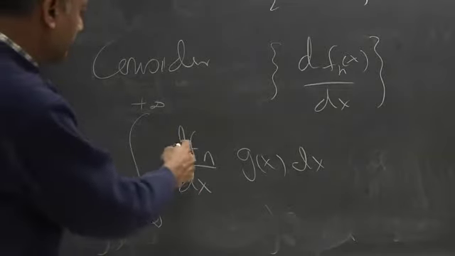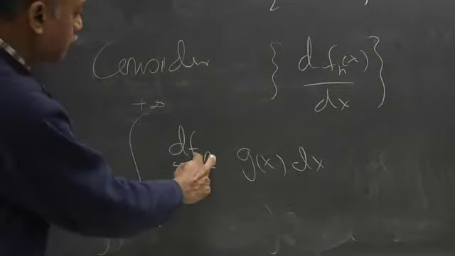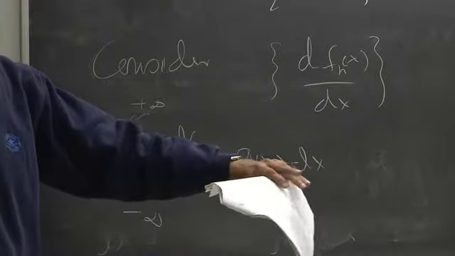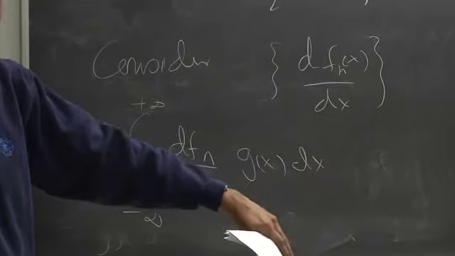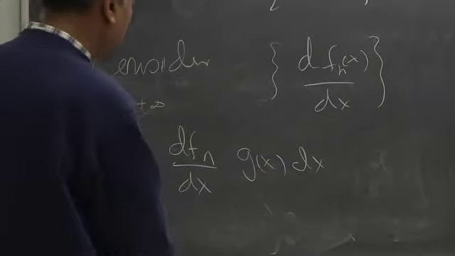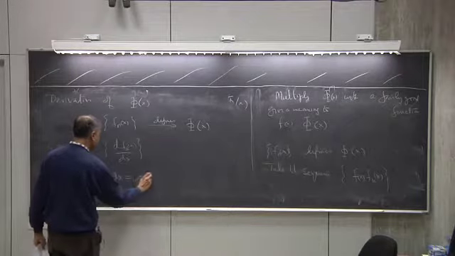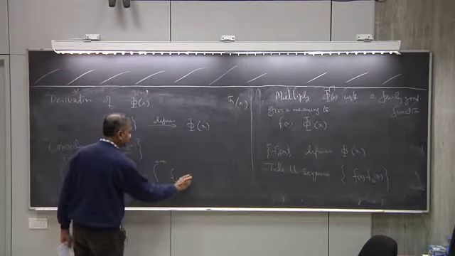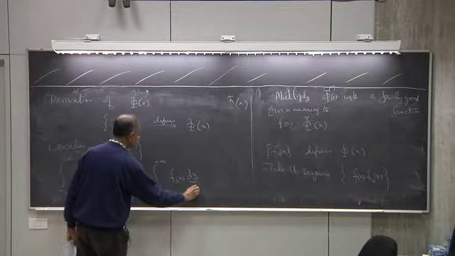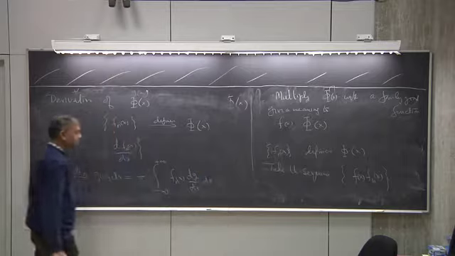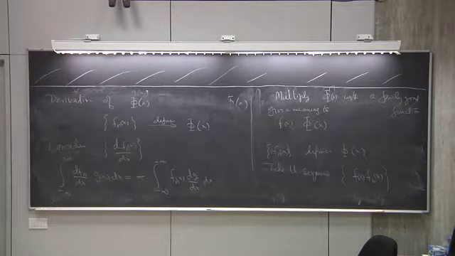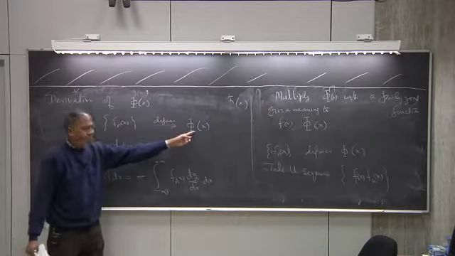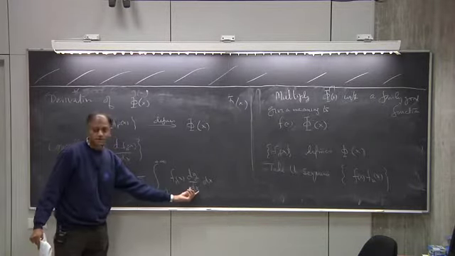The boundary term will be the product of f_n times g, but that will vanish because a good function vanishes at infinity, so you don't have to worry about the boundary term. So this is nothing else but minus the integral from minus infinity to plus infinity of f_n(x) dg/dx dx. And that limit exists, because f_n by definition defines the generalized function, and dg/dx is again a good function.